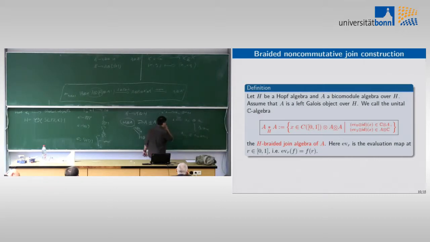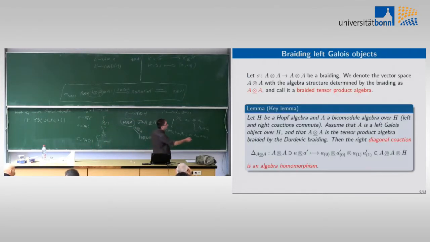Which is going first down by the left, so A minus 1 tensor A0, and then going right by the right. Okay, so these two coactions have to commute, and I assume that for the left coaction A is a Galois object.